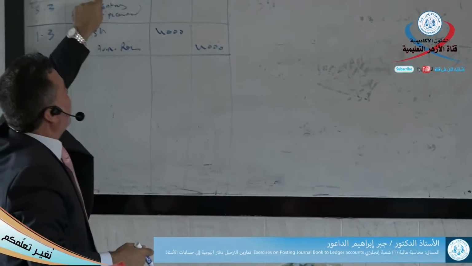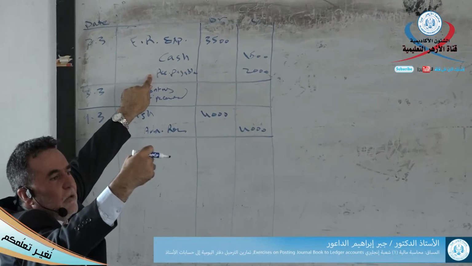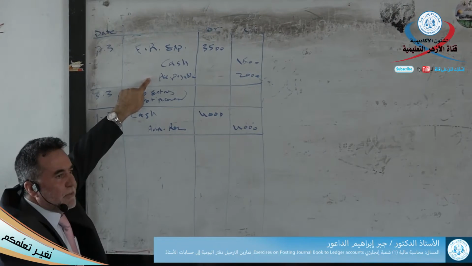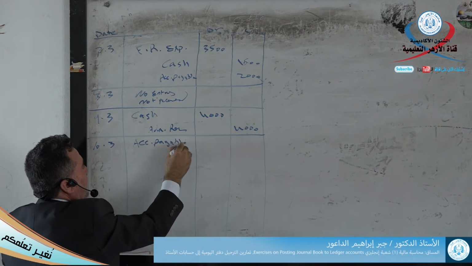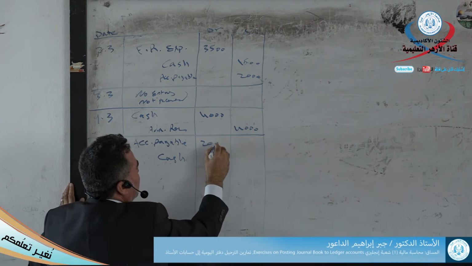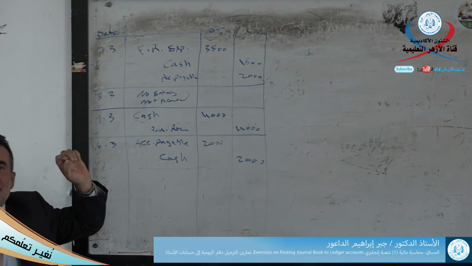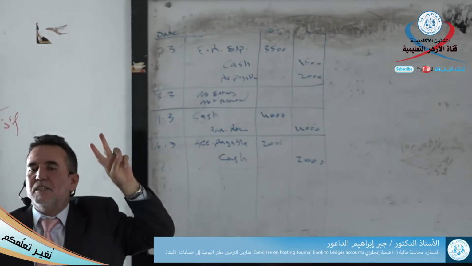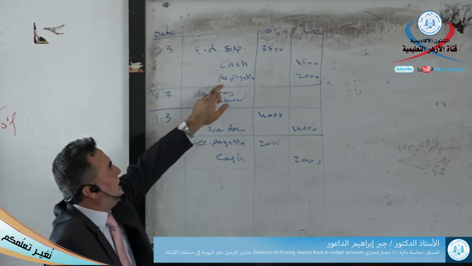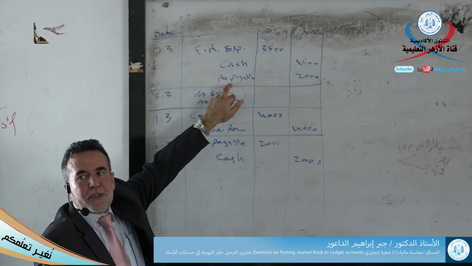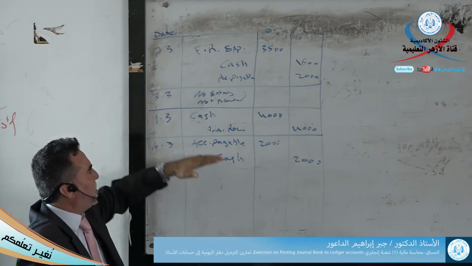He paid the 2,000. So the entry will be accounts payable to cash 2,000.